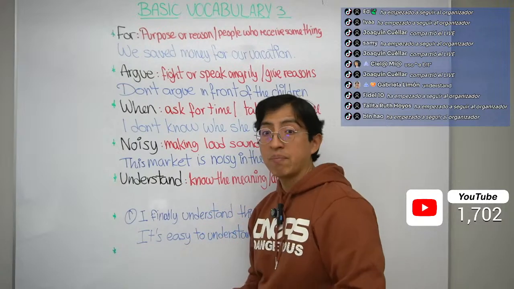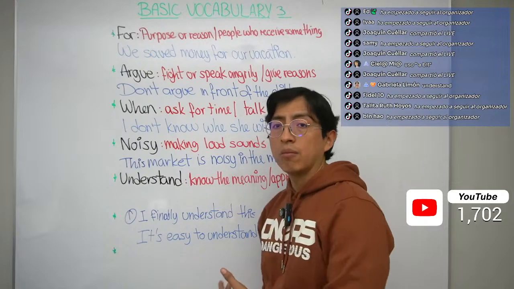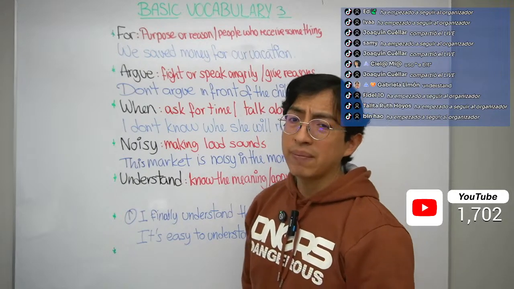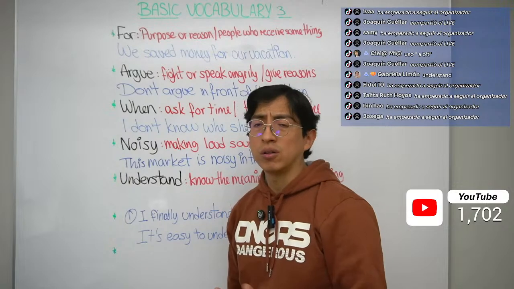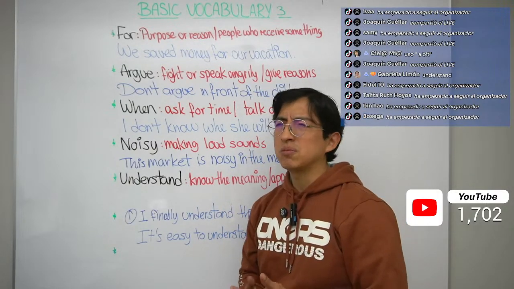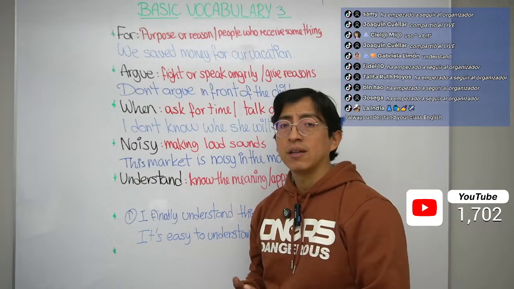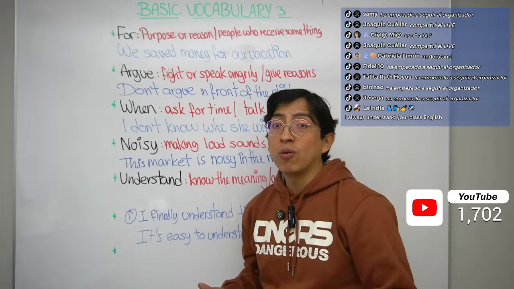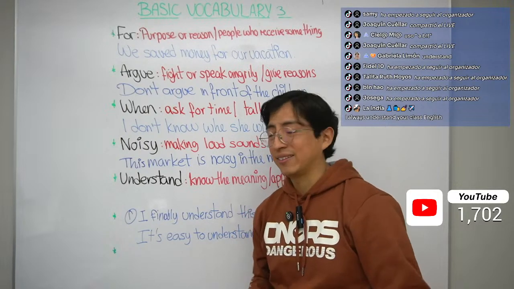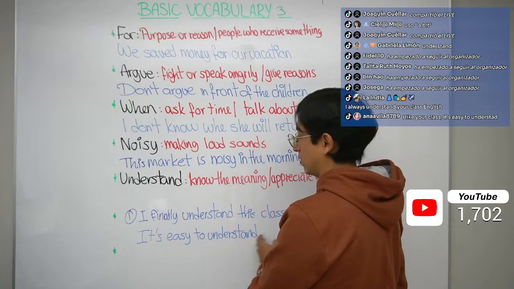You can say mathematics is easy to understand, or maybe some people would say mathematics is difficult to understand. Geometry is easy to understand. Geometry is difficult to understand. This is a very common structure that we can use here.